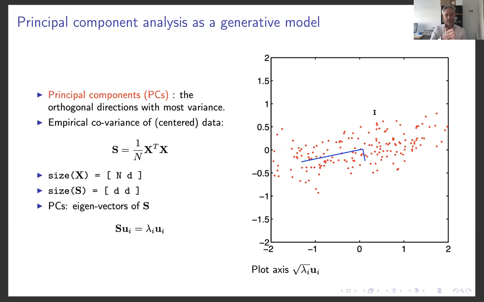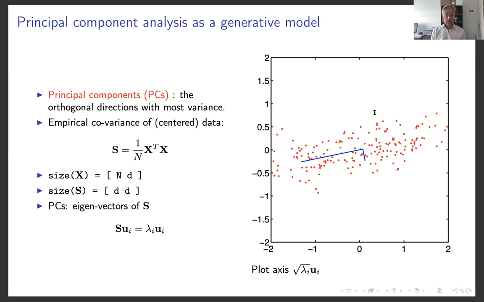So X is our data matrix of size n, the number of samples, by D, the number of dimensions of the data. And we are looking then for the eigenvectors corresponding to the largest eigenvalues.